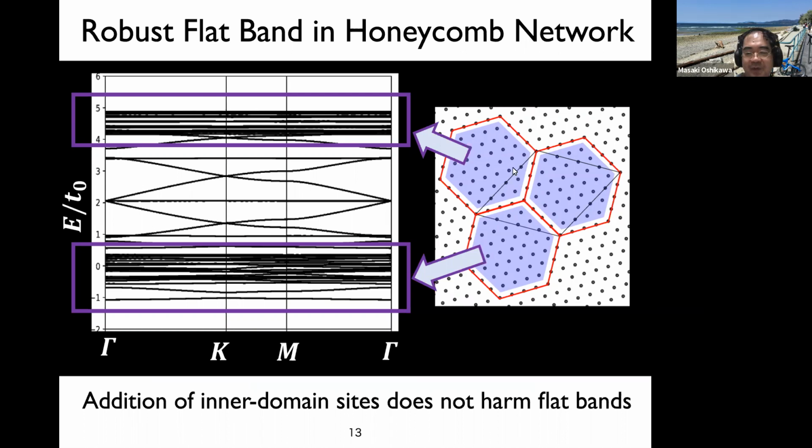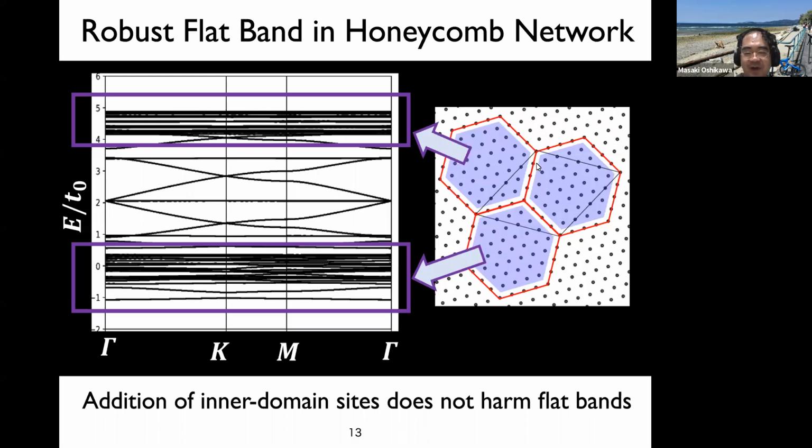For example, we can introduce inner domain sites with maybe higher chemical potential. The low energy effective model can be written using only the network, but there are virtual processes in which electrons hop from this network part, the domain wall, to inner domain sites, then hop back to the network.